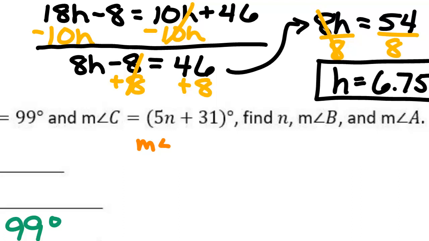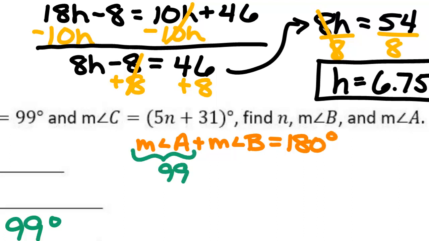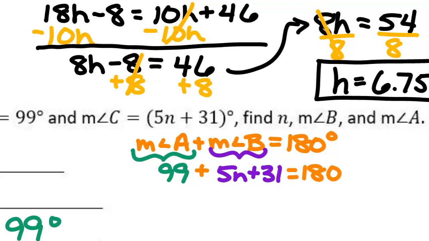So the measurement of angle A plus the measurement of angle B is equal to 180 degrees. Angle A is 99 degrees. Angle B is 5n plus 31. And that's going to be equal to 180.